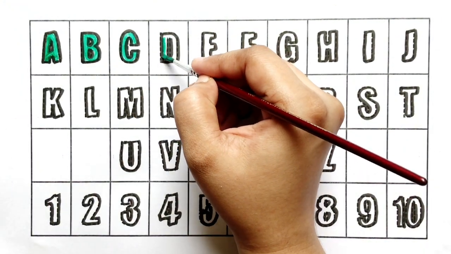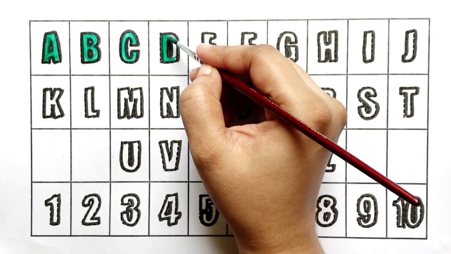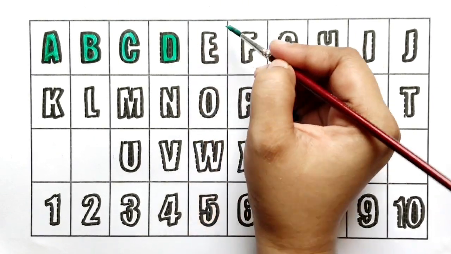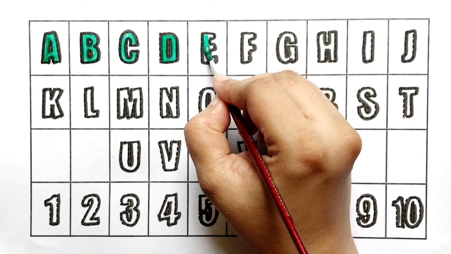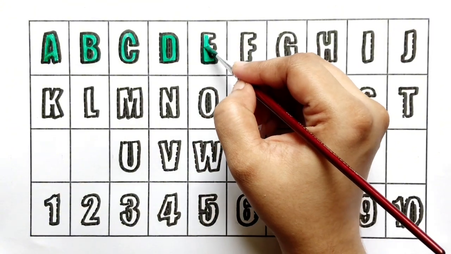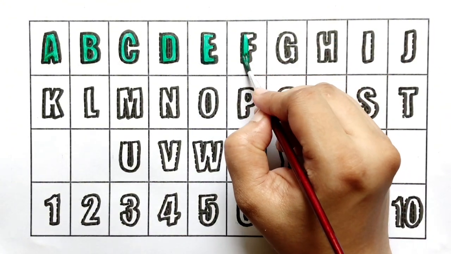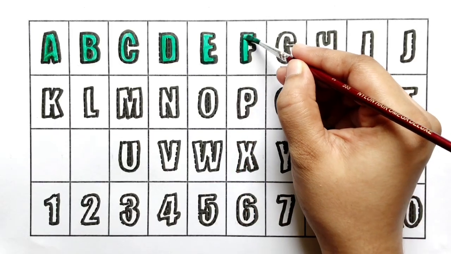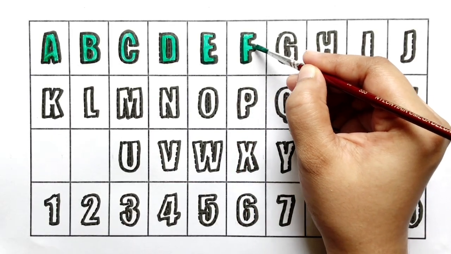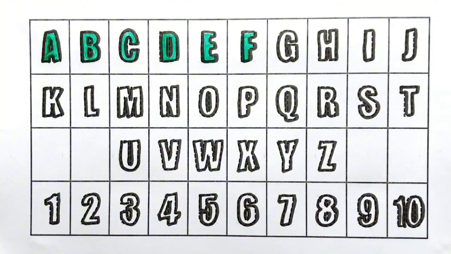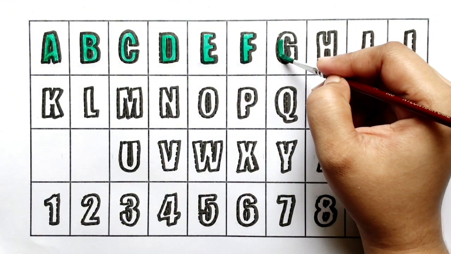D for duck. E for elephant. F for fish. G for grapes.